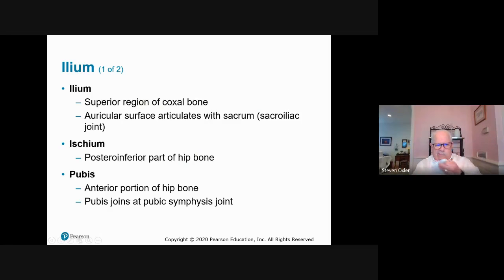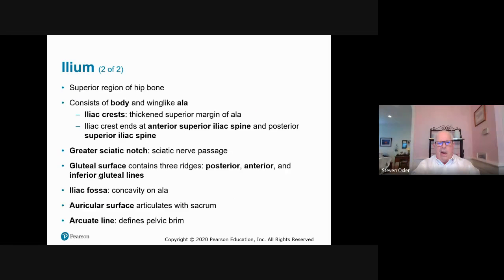And then you have the pubic bone, which is the anterior bone, which joins both bones of the pubis to form the pubic symphysis joint. So you have the ilium, which is the upper part, the posterior inferior, which is the ischium, and then the anterior portion of the hip is the pubis.